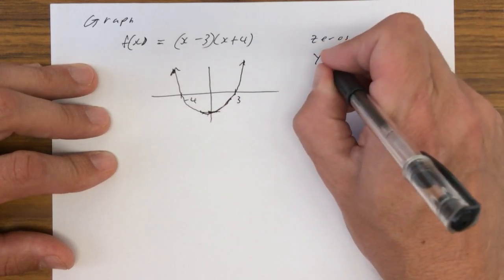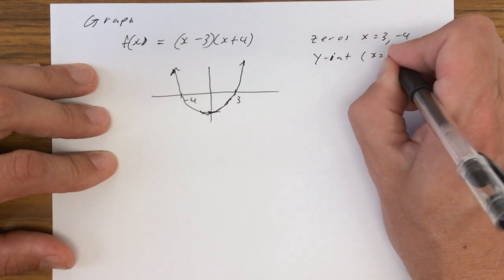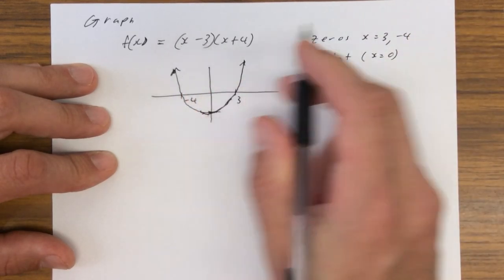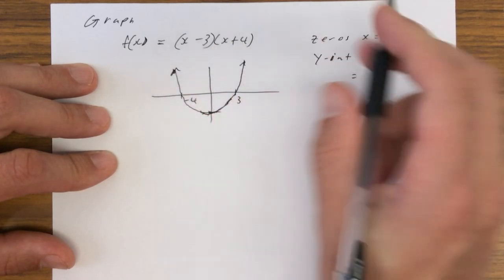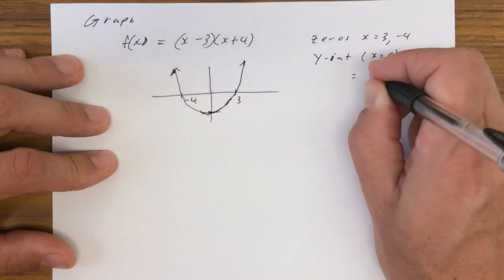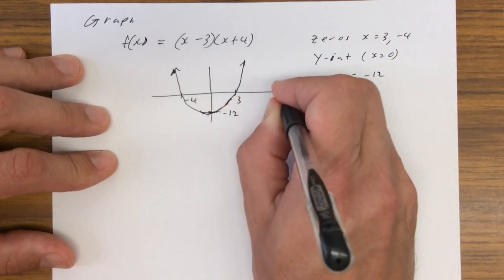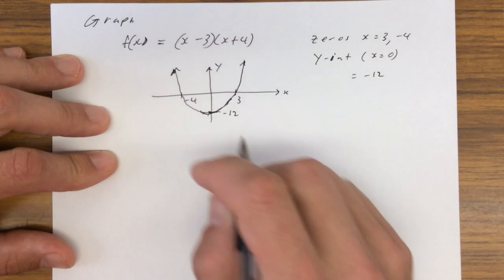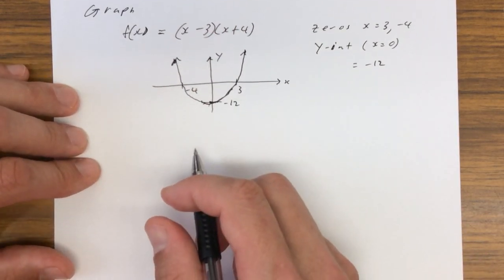The y-intercept happens when x equals 0. So when you put x equal to 0 in there, y equals negative 3 times positive 4, which is negative 12. Okay, so that's negative 12 there. X, y on the axes, and we've got that.